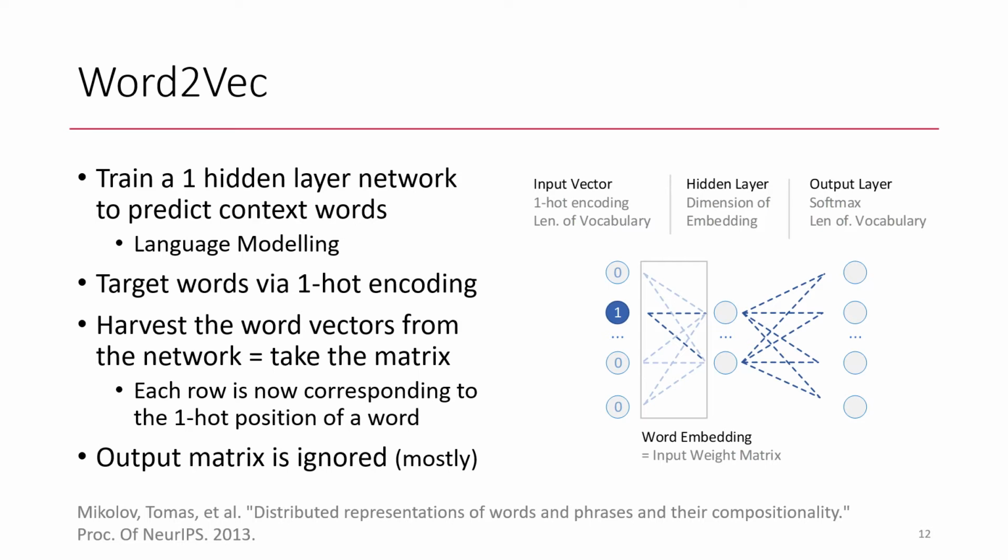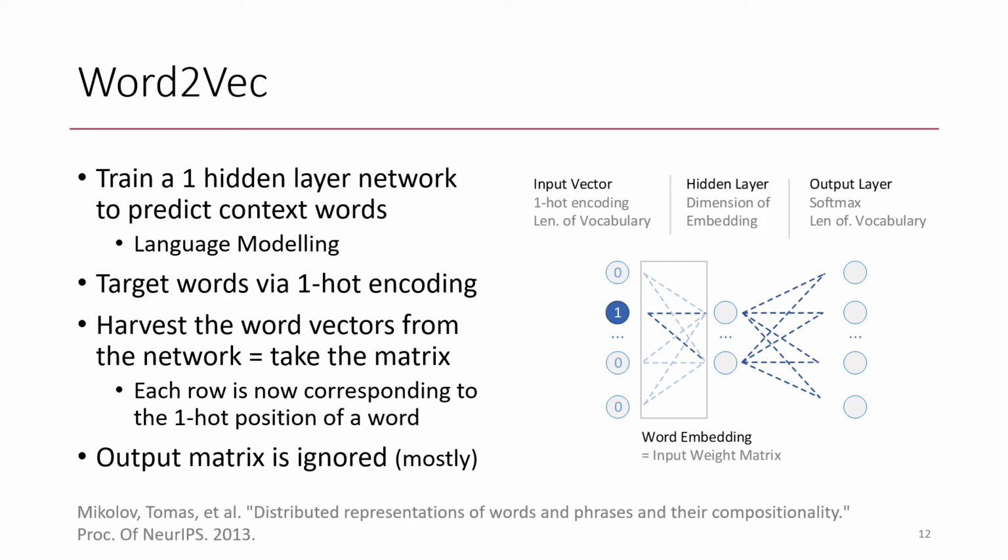And the crucial step in the word2vec architecture is that we harvest the word vectors from the network. So here you can see in this picture, we take the first matrix of the two, the input matrix of the hidden layer basically, and we take it out.